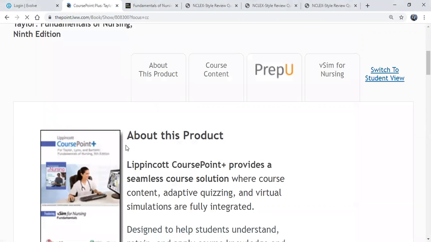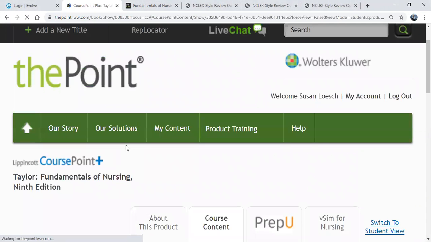Are we supposed to have this book or is it on the computer? This is all on the computer, but you should also have a hard copy of the book. I don't think I got it. We don't have a hard copy of the Prep U book. We just have Taylor's Fundamentals of Nursing book. Oh yeah, we have that. That's when you put the code in. You just put the code in, right? Right, but you also got an electronic access code to put a book on your computer that you're doing your Prep U in.